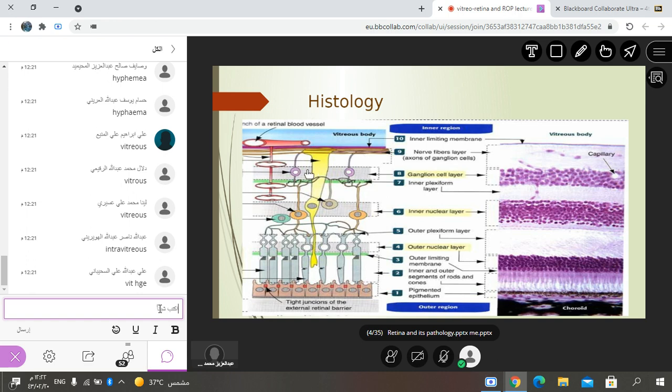If it is in the retina, it is an intraretinal hemorrhage, like in diabetes and hypertension, and it can result in subretinal hemorrhage, separating the retinal layer from the retinal pigment epithelium. So this is subretinal hemorrhage.